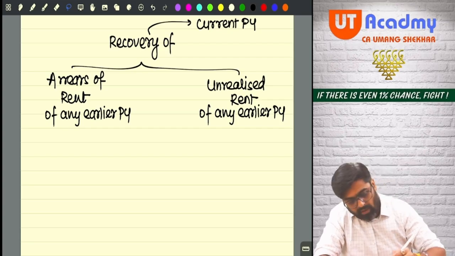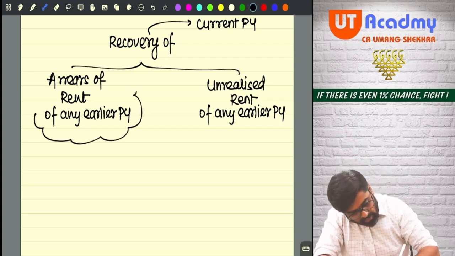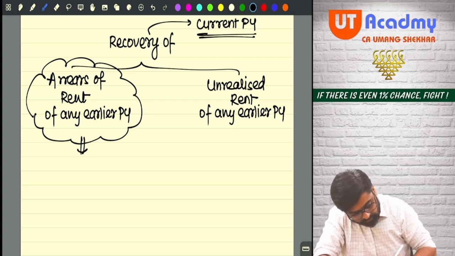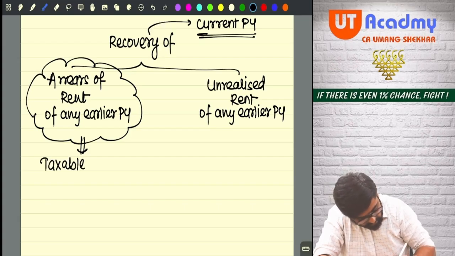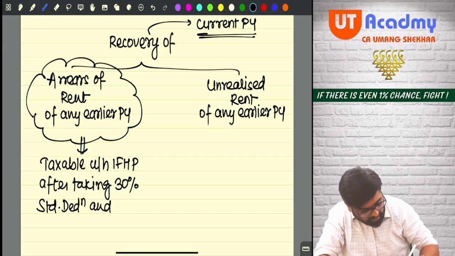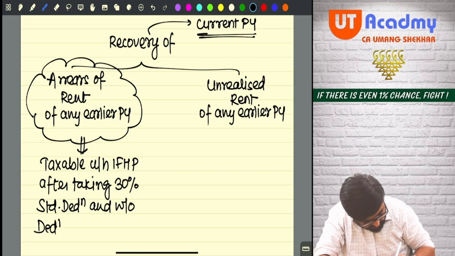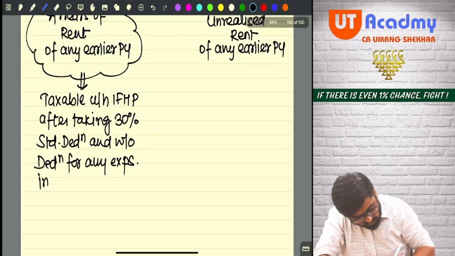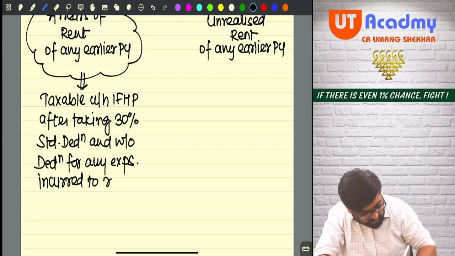Everyone? Now, whatever arrears of rent of any earlier previous year you are recovering in the current previous year, you are supposed to make it taxable under the head income from house property, but after taking 30% standard deduction and without deduction for any expense incurred to recover such rent.